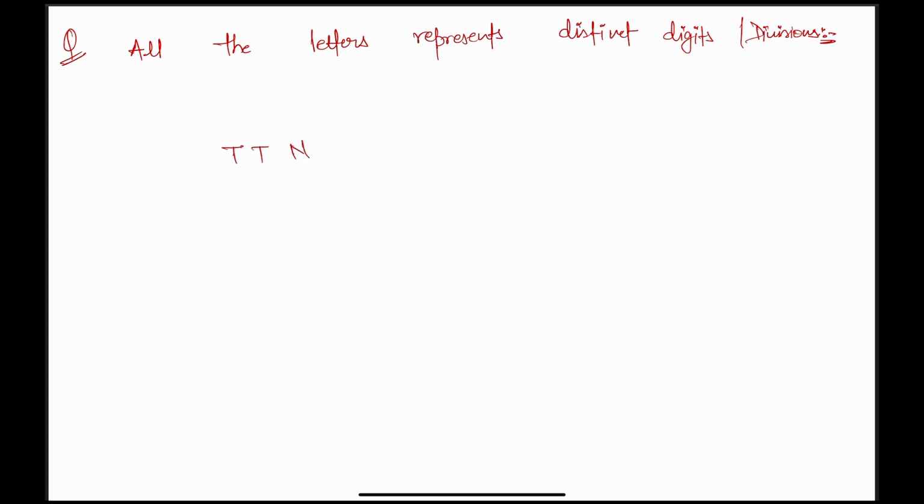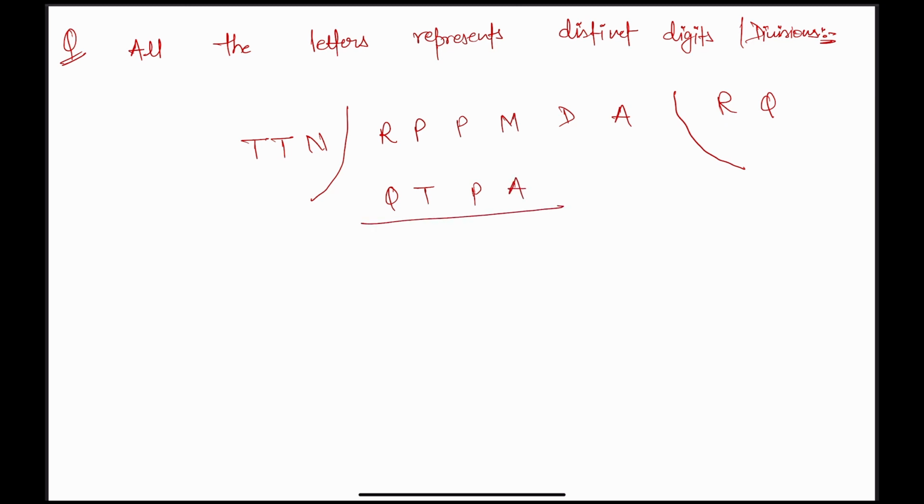So TTN divided by R, P, M, D, A and R, Q, T, P, A, Q, D, A, D, P, T, P, S, PTPS, and the last is PMA. So this is the question.